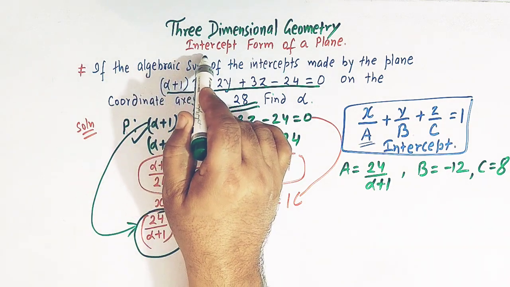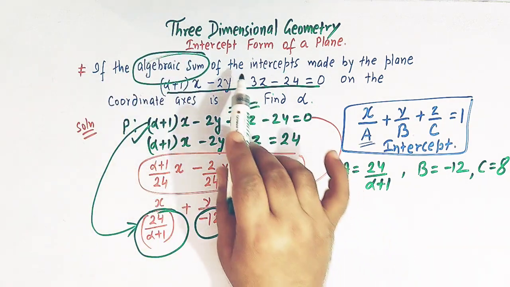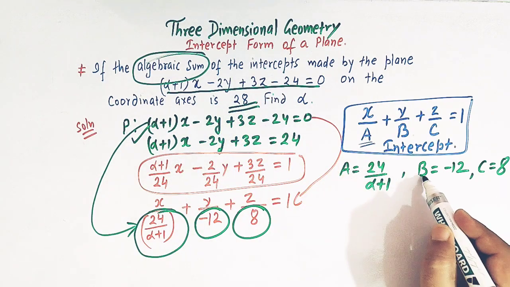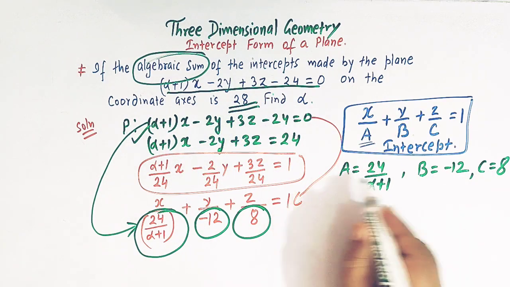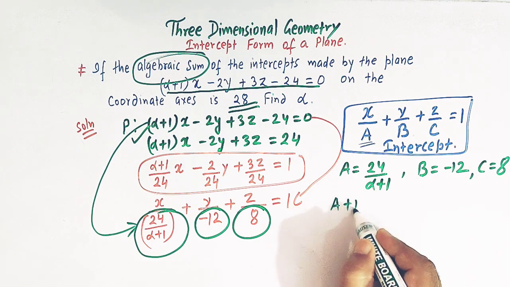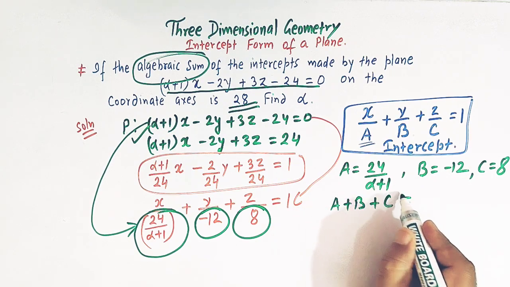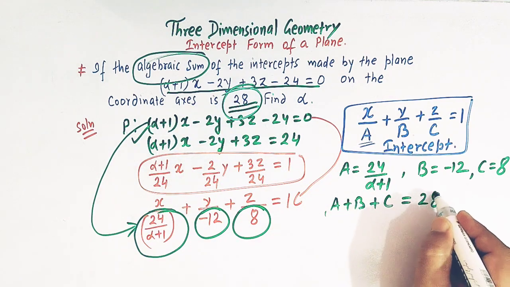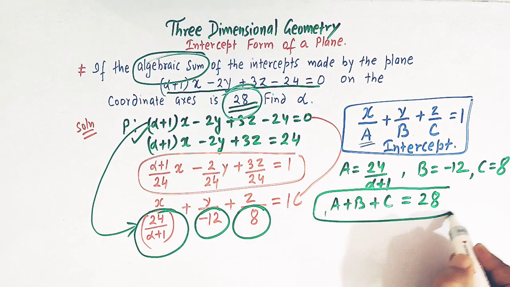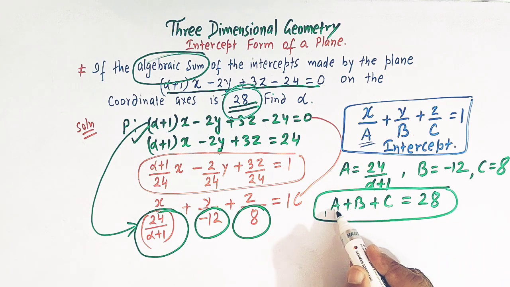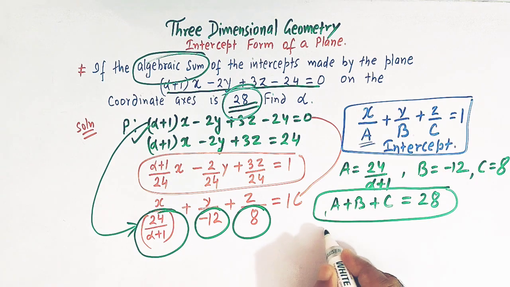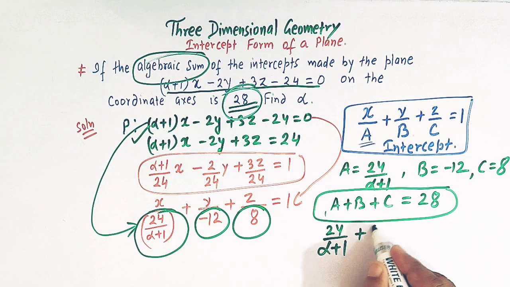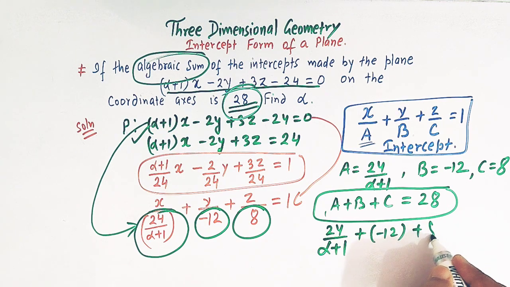And we are given that the algebraic sum of the intercepts, so the lengths of the intercepts are a, b and c, and their sum a plus b plus c is given as 28. So now if we substitute the values of a, b and c, then we have 24 over alpha plus 1, plus minus 12, plus 8, that is equal to 28.